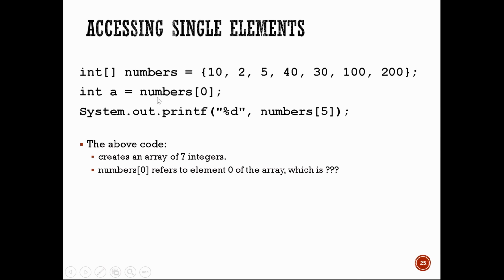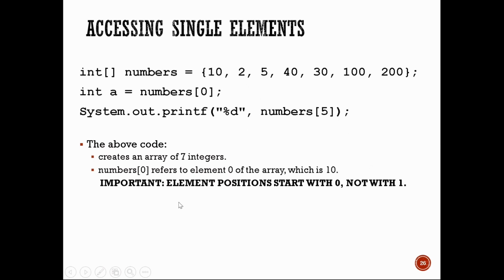So numbers[0] refers to 10, therefore the value of a is 10. Then System.out.printf with %d and numbers[5] refers to the element 0, 1, 2, 3, 4, 5, which is 100. So the above code creates an array of 7 integers. Numbers[0] refers to element 0 of the array, which is of course 10.